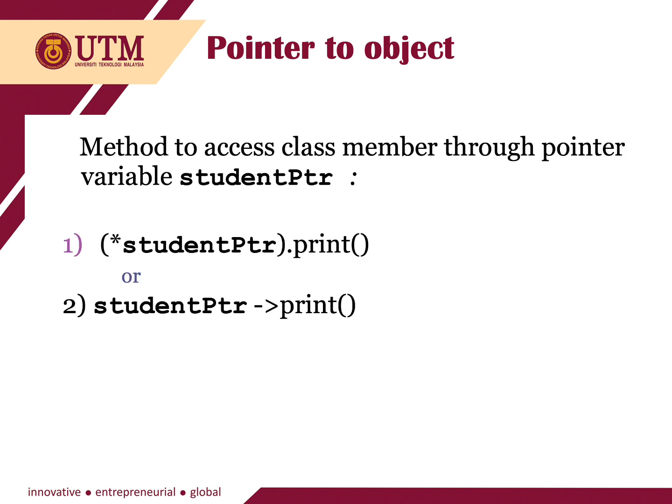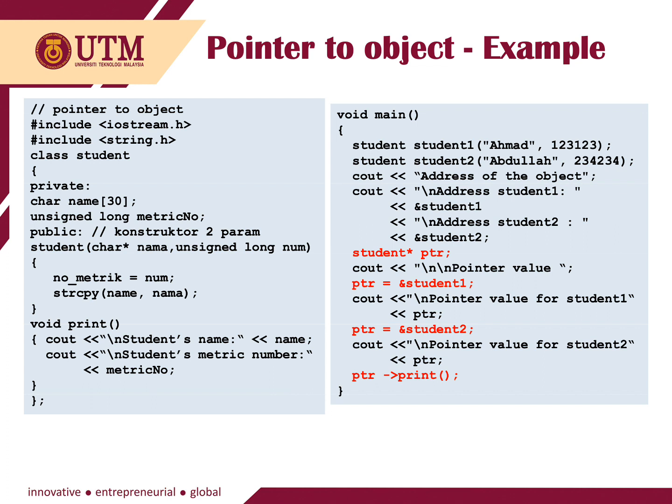This is the method to access class members through the pointer variable student ptr. The star shows that this is a pointer, meaning that student ptr is a pointer. There are two types. So this is an example of pointer to object.